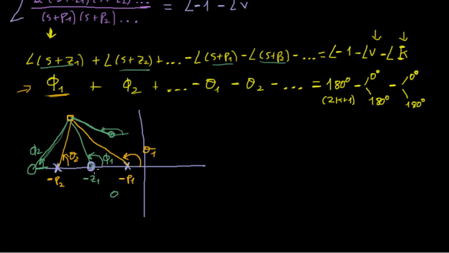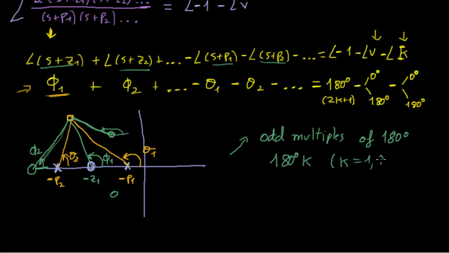But in any case, the sum of all those angles can add up to an odd multiples of 180 degrees, so minus 180 degrees times k, but for k equal to 135, and that happens when the sign of v is equal to the sign of capital K, when we have either this case or this case.